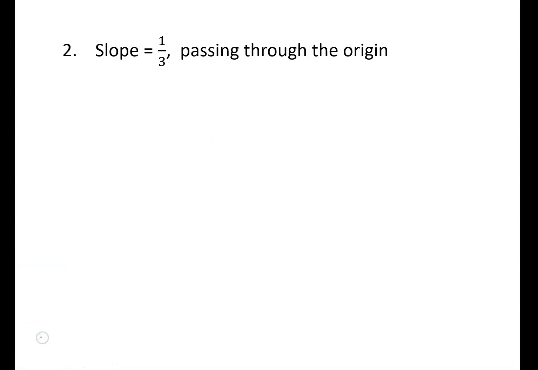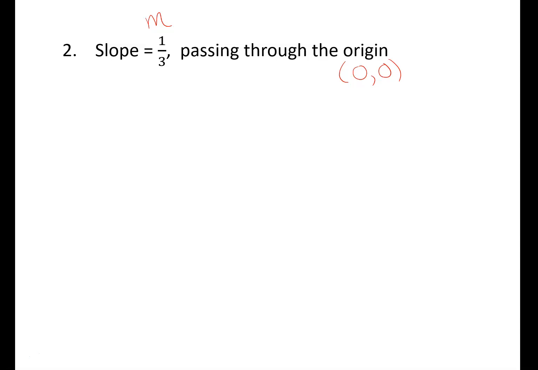This time the slope is 1/3, so that's our m. Passing through the origin. Now we need our point to be in the form of an ordered pair. So if it says origin, the ordered pair is (0, 0). Now every time you have a point, remember, stop and think about, is that point the y-intercept?